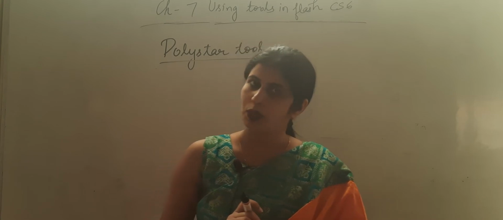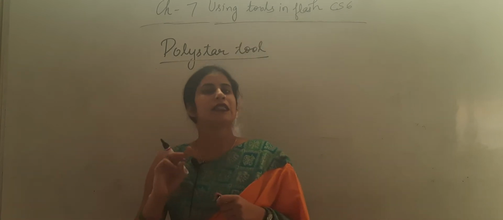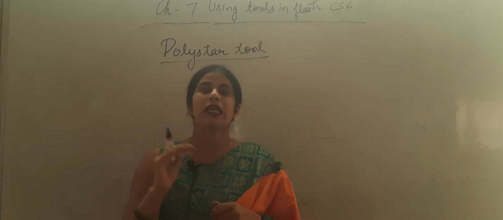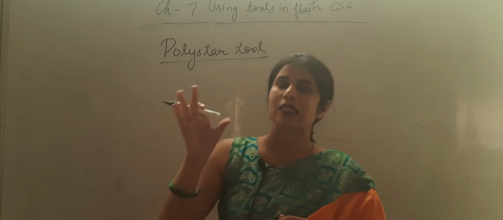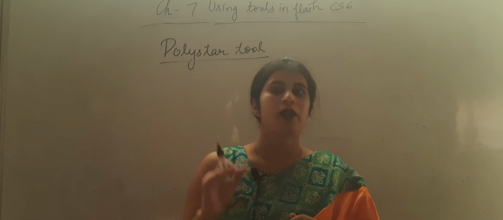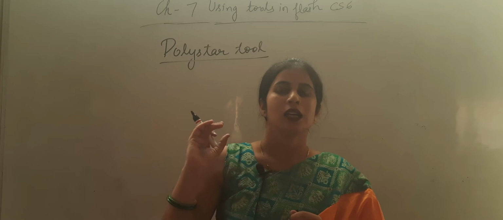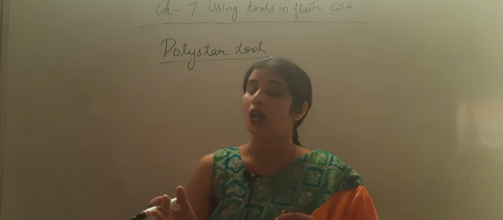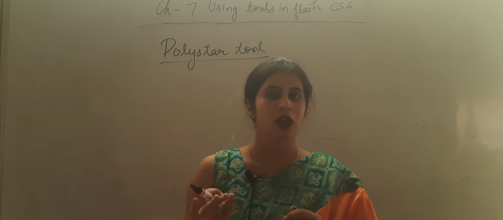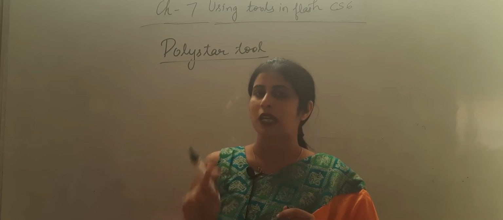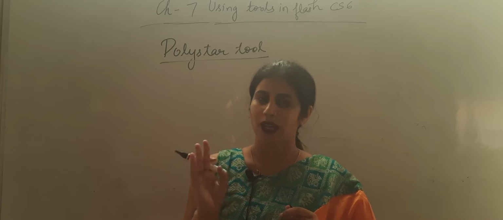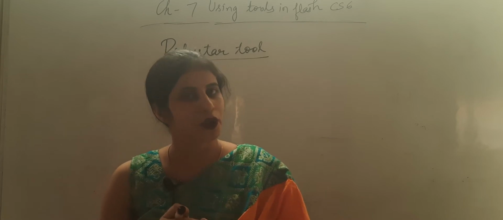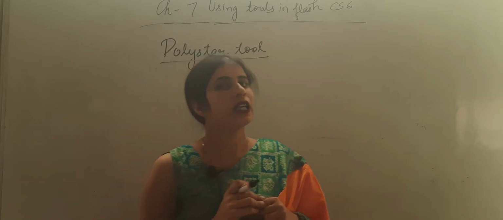This polystar tool is used to draw 3-sided or more than 4-sided closed shapes. Why more than 4 sides? Because 4-sided shapes are rectangle and square, and these kinds of shapes we are able to draw with the help of rectangle tool.